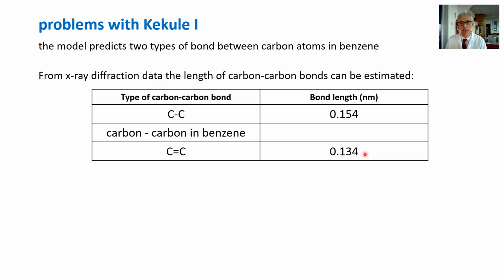So we would expect from Kekule to see two bond lengths emerging from X-ray diffraction data estimates, but it's found that in benzene all of the carbon-carbon bonds are of equal length, what's called bond equivalence. There are not two lengths of carbon-carbon bonds, and the carbon-carbon bond is found to be of a length that is intermediate, that is positioned between the length of the single and of the double bond.